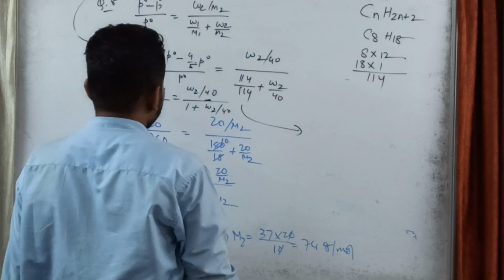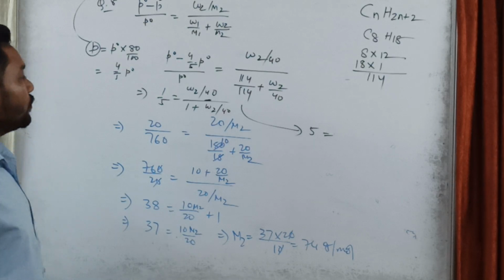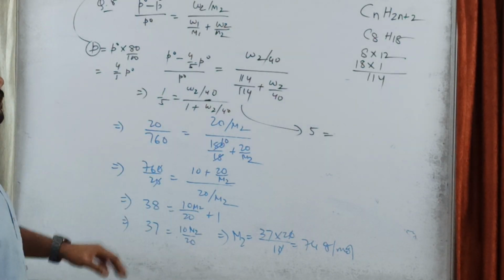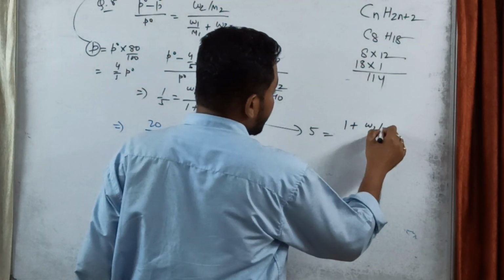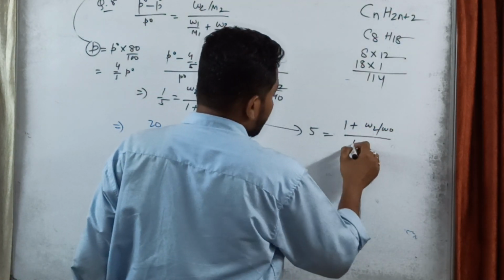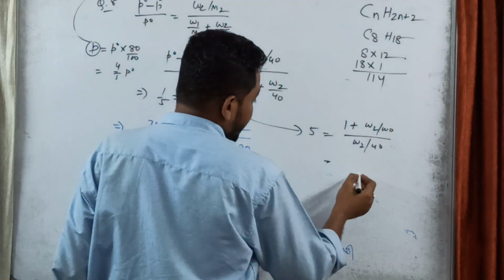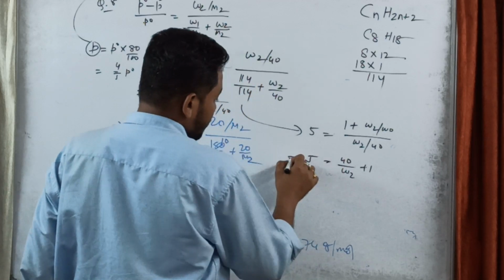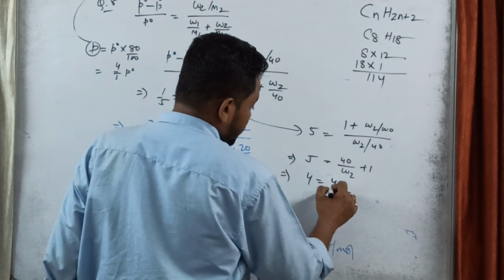Now if you reverse it, that is 5 equals, reverse means I am doing the reciprocal: numerator becomes denominator, denominator becomes numerator. So that is 1 plus W2 by 40 divided by W2 by 40. Now if you simplify it, that will become 40 by W2 plus 1, that is 5. So 5 minus 1, that is 4, equals 40 by W2.